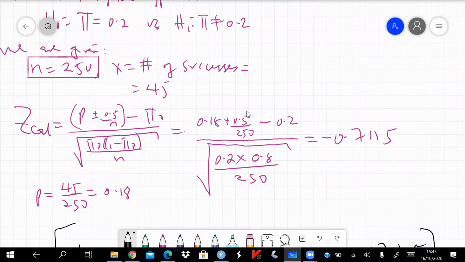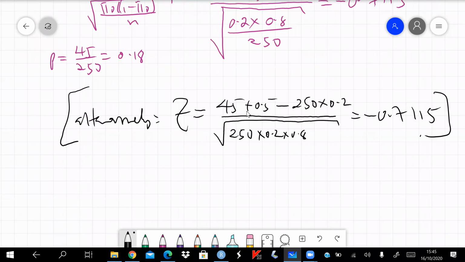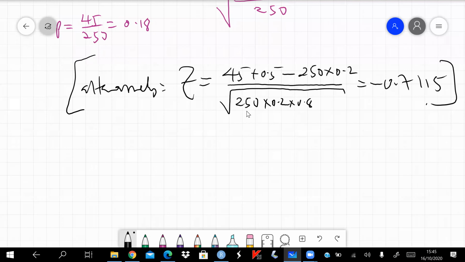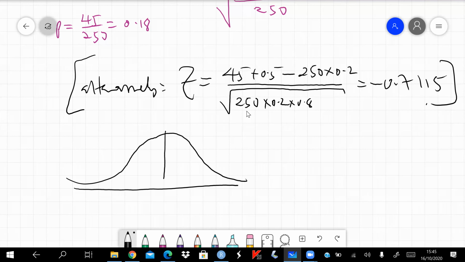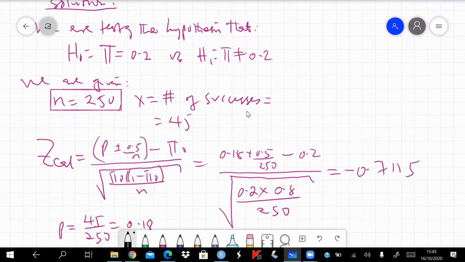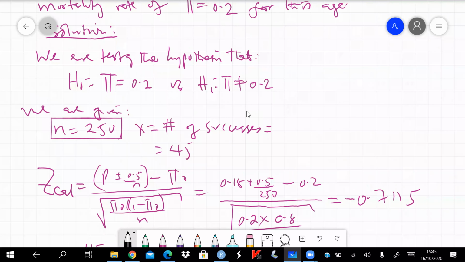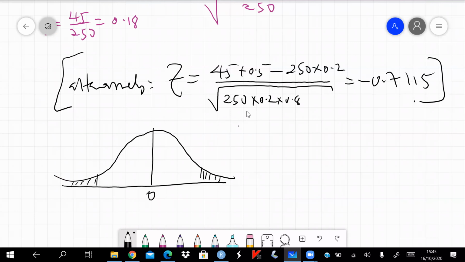So what's the critical value? We are using the standard normal distribution, two-tailed test. So this is 0 there. Two-tailed test. We are assuming alpha 5%.